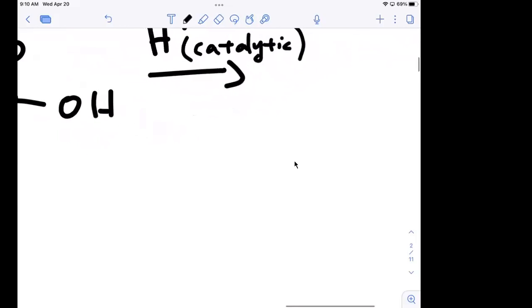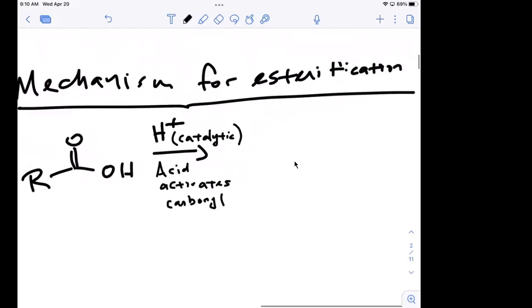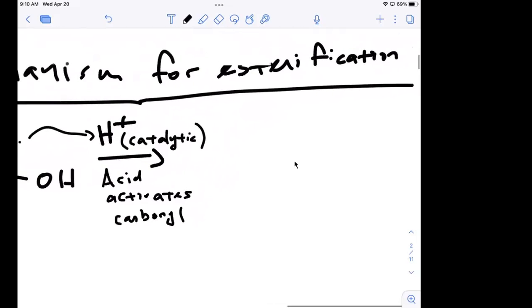So we'll say that the acid activates the carbonyl. Right. So basically what happens in this case is the carbonyl is going to do a proton transfer with the acid. So you're going to end up with an intermediate that looks like this.